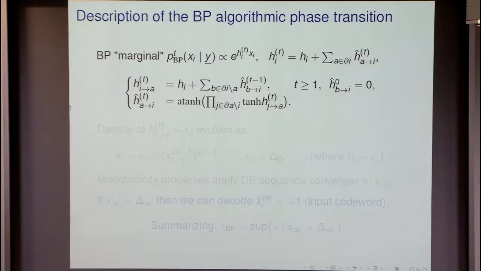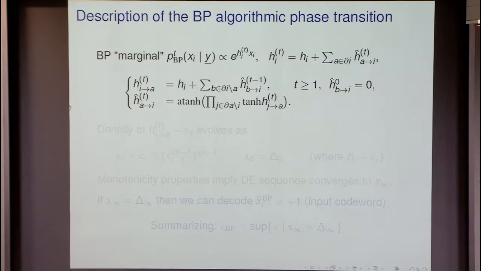Now, I want to make all this more quantitative, so it's going to become a bit more technical now. Okay, so to make things more quantitative, I just need to introduce a few definitions here. So let me first describe the belief propagation algorithm. The belief propagation algorithm we already saw in this conference, in fact, exchanges messages along the edges of the graph according to some update rules here.